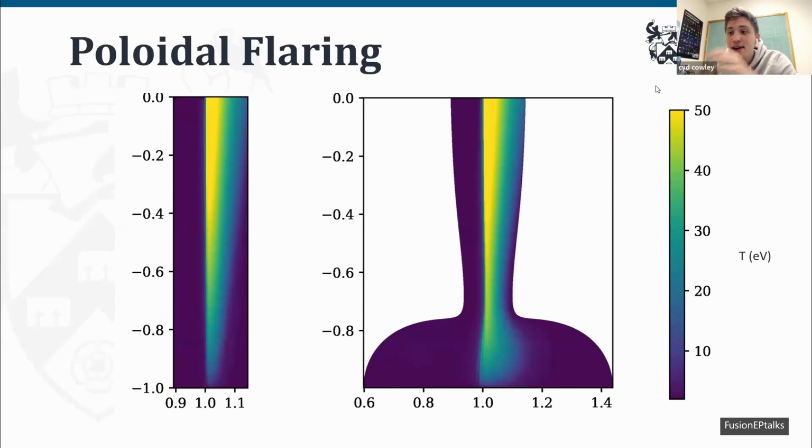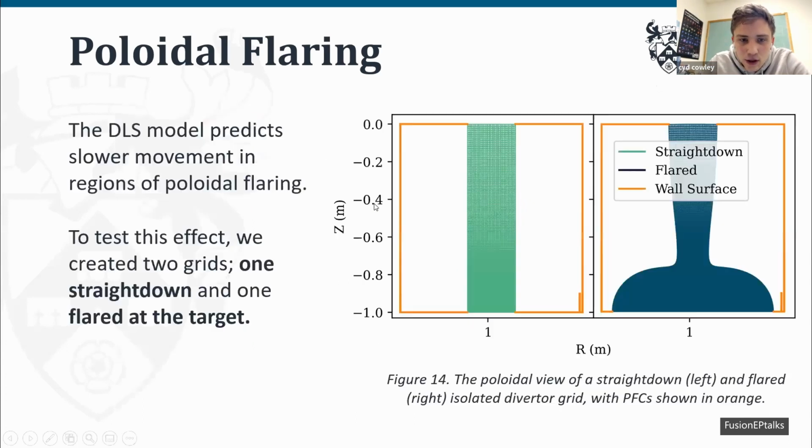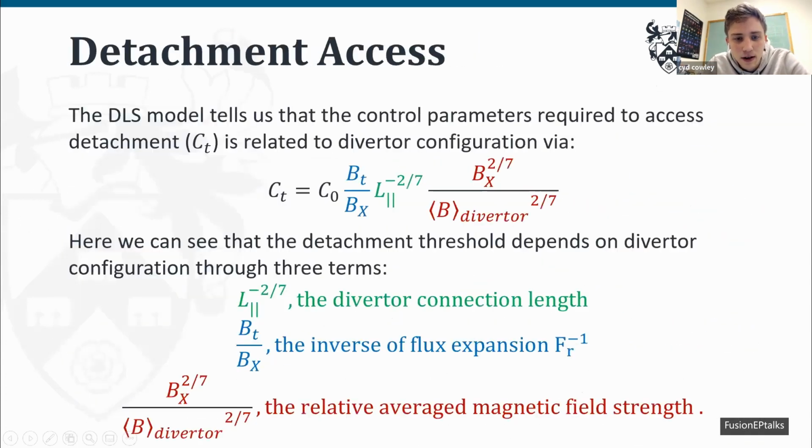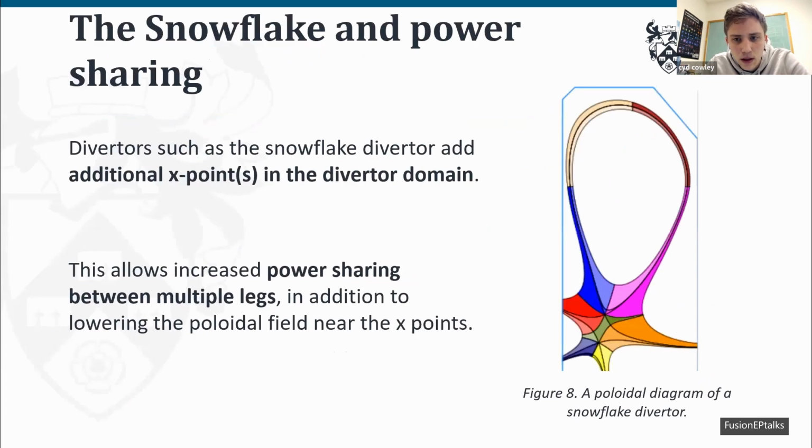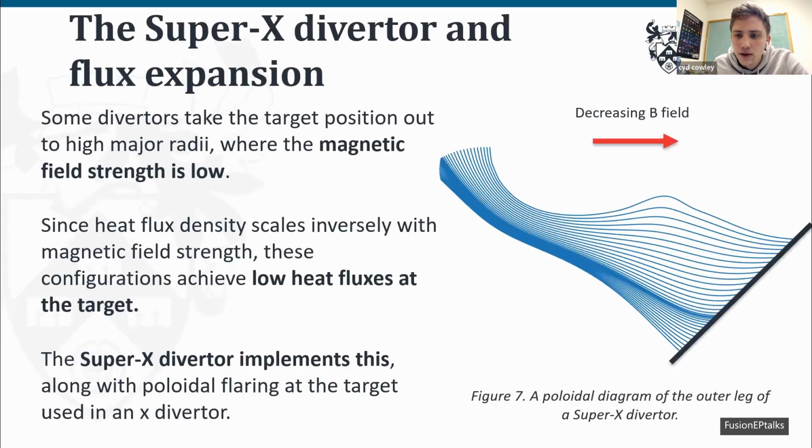But I will say one thing, and this is partially why I think CCFE is interested in things like the Super-X divertor, which we're employing in MAST Upgrade. When I talked about things like flux expansion, a magnetic field doesn't vary linearly with your major radius. It varies with respect to 1 over your major radius.